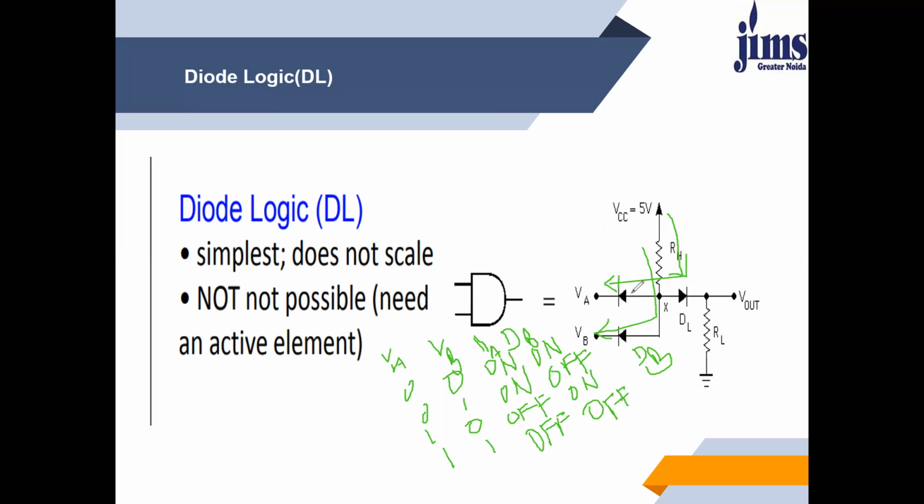That means the current will find a smaller level. Current will find a short circuit from here.